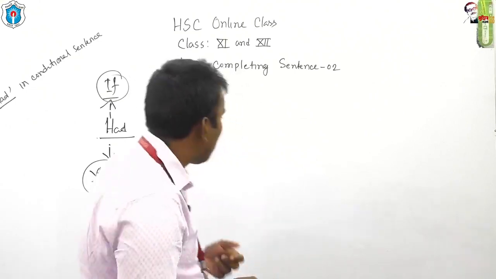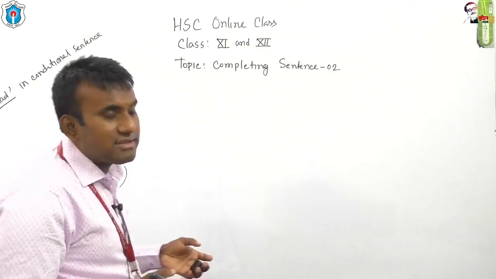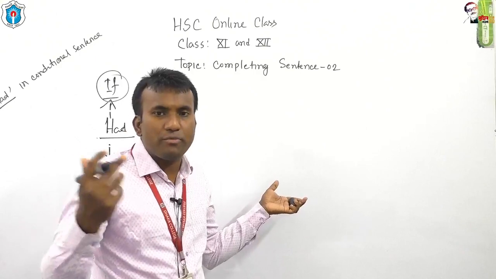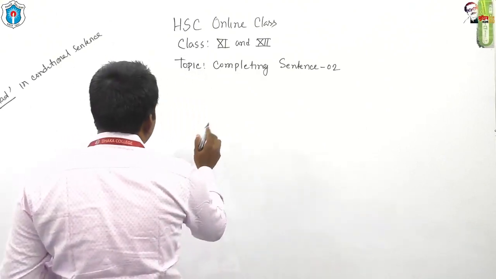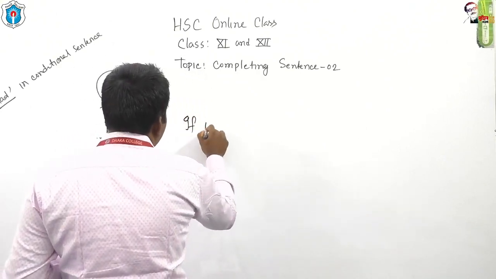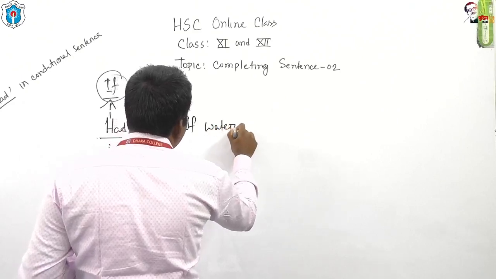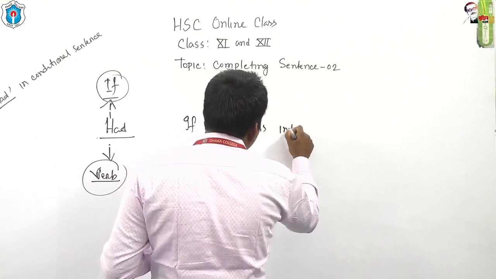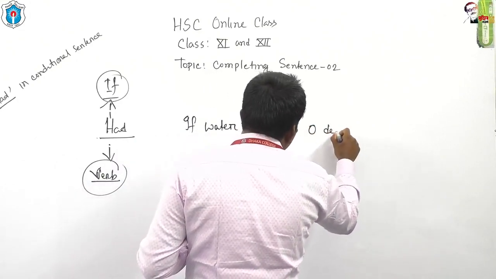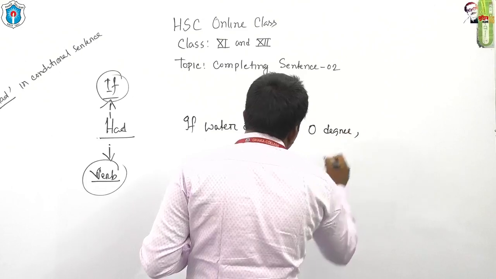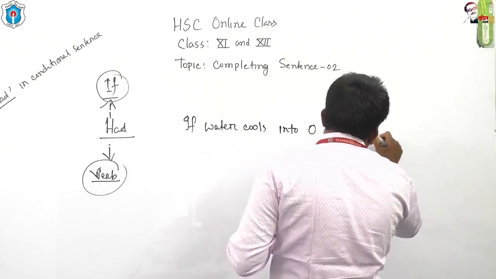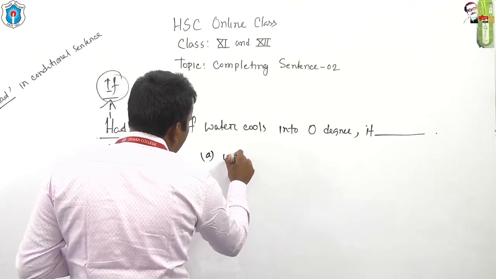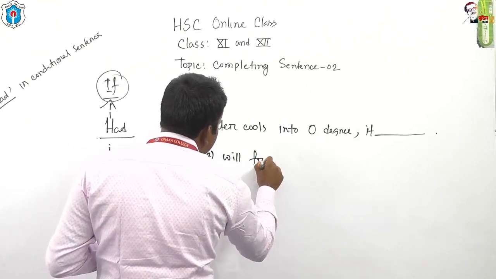Let's wait. Okay, my dear students, I'm going to give an example of conditional sentence. I will give you 4 options and you have to select the most appropriate one. If water cools into 0 degree, it dash. Option A: will freeze.